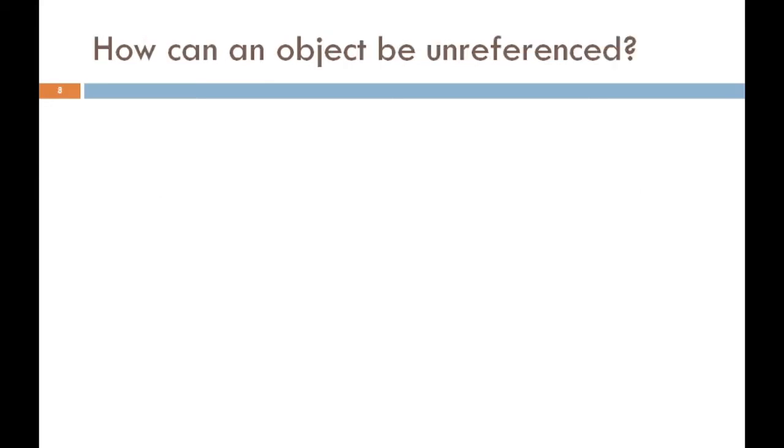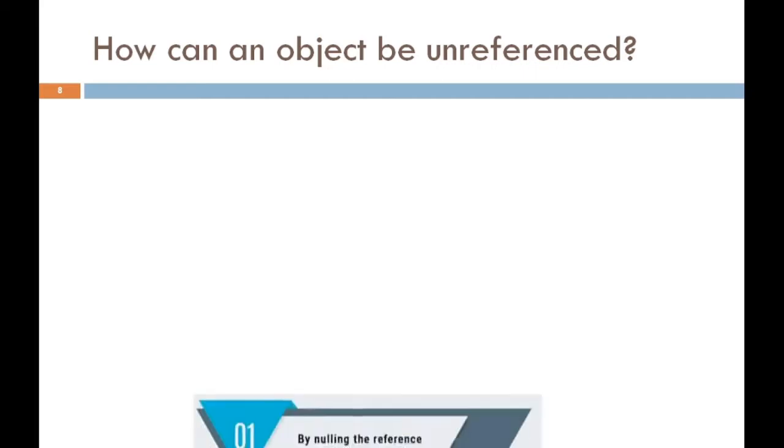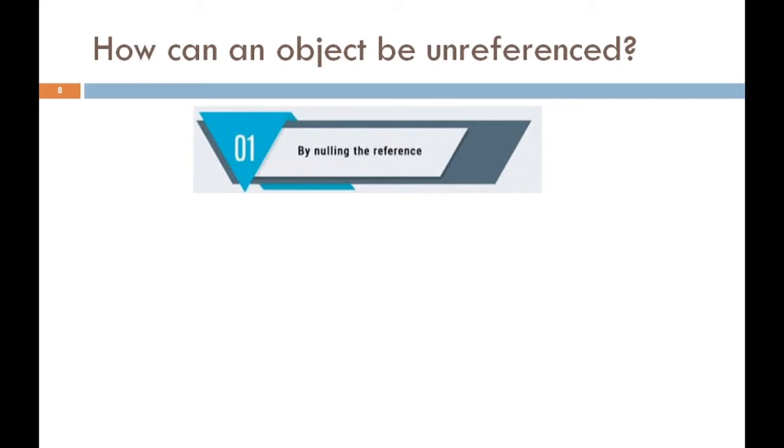Let's see how an object can be unreferenced, meaning how the garbage collector finds that objects are no longer in use. There are three main ways in which we can find it. The first one is by nulling the reference, that means specifying the value as null in an object. For example, I have a class Employee and I create an object of this class.